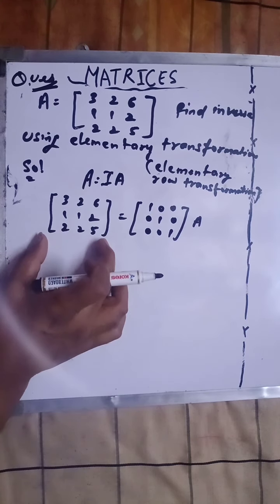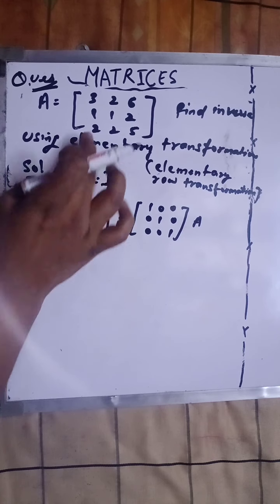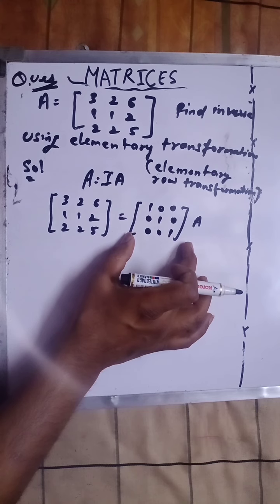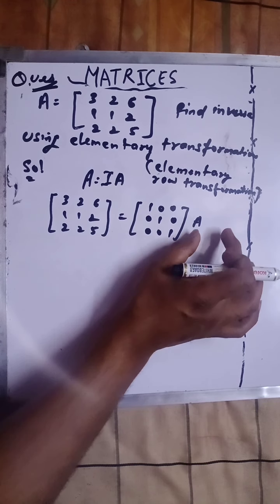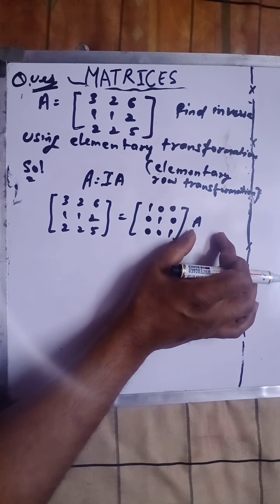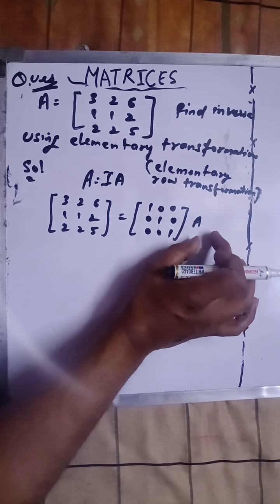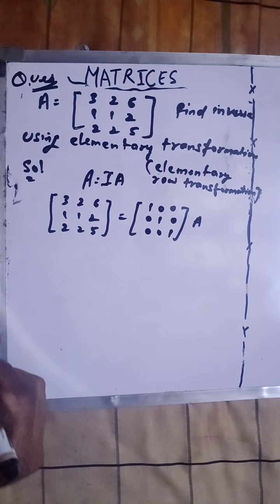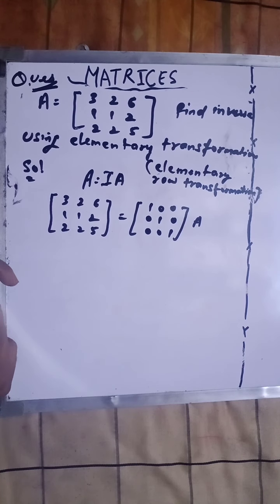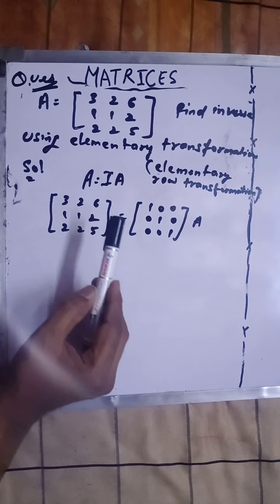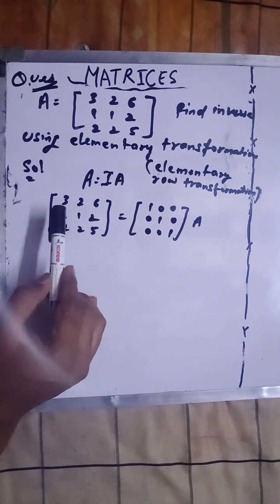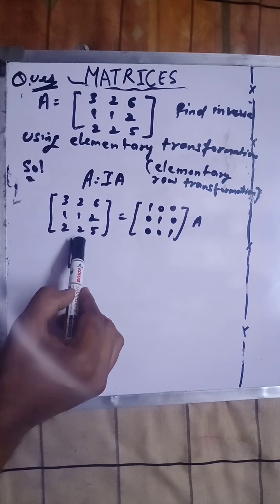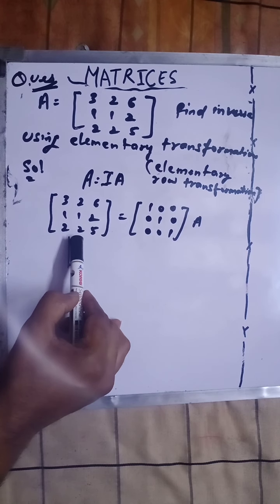So A means this matrix which is given to us is equals to, I means this identity matrix. Fine. And A is also given to us. Got it? A, this is what it will remain, AA, and every step you have to write. Fine. Now the main concept behind this, what you have to do, you have to convert this matrix into identity matrix.